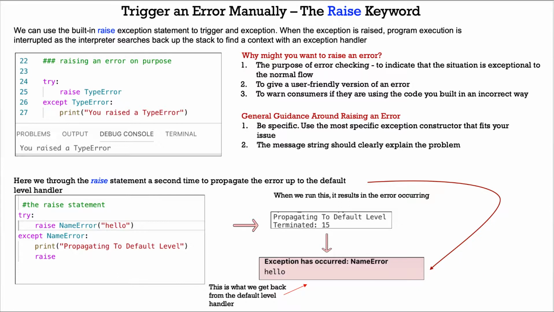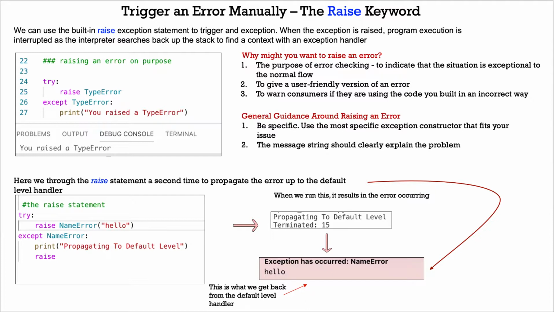So let's see what we have here. We have a try, raise type error, and then we have an except type error. And what we get printing out here is you raise the type error. Here, we call the raise statement a second time to then propagate the error up to the default level handler. So let's see how it's different here. Try, raise name error, hello, except name error.